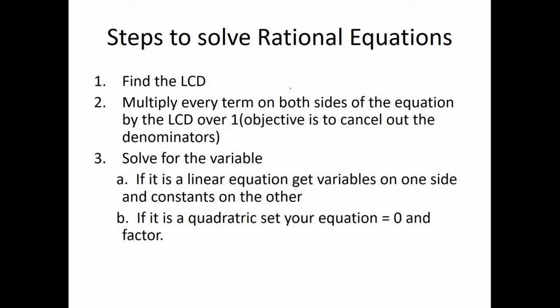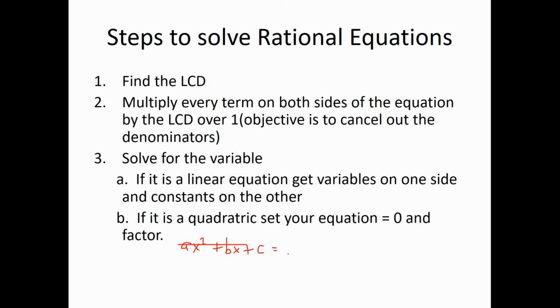Second, kapag na-multiply natin, pag nagawa natin yung step 2, we multiply every term on both sides of the equation. Pero ang lumabas na sagot sa atin is a quadratic equation. You need to set the equation into 0. So, magiging ax squared plus bx plus c.